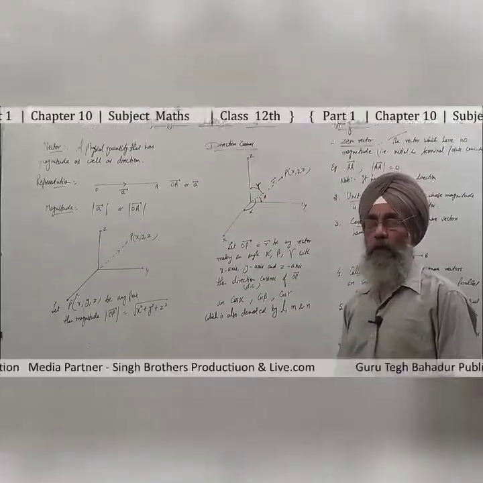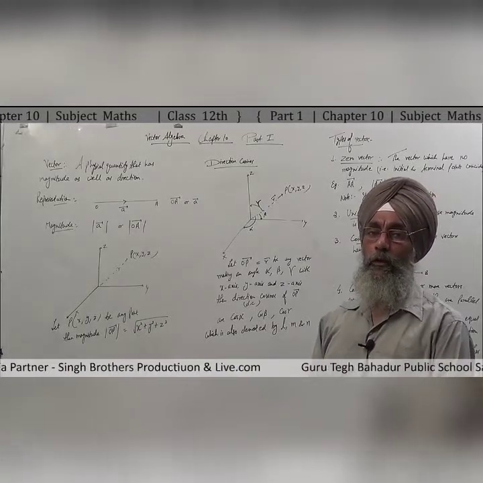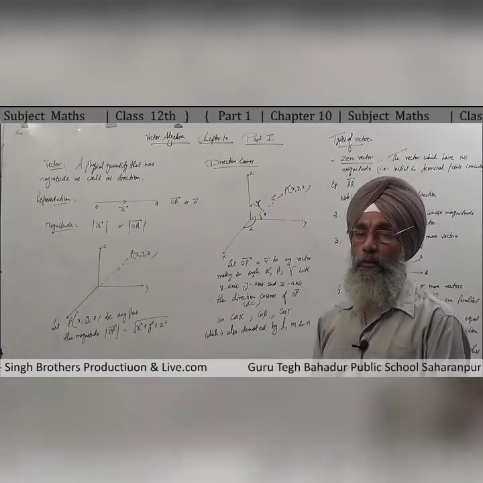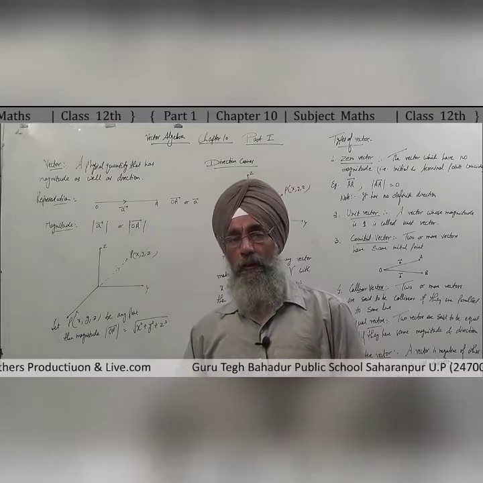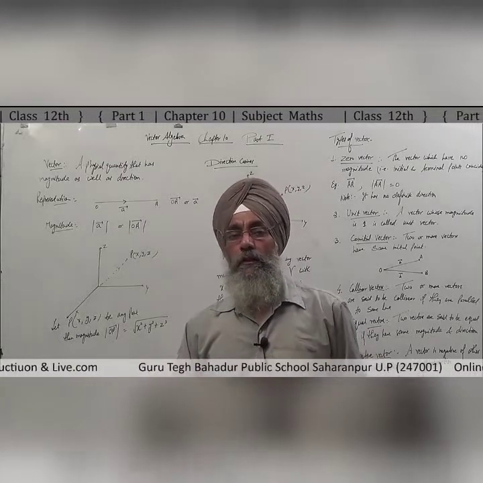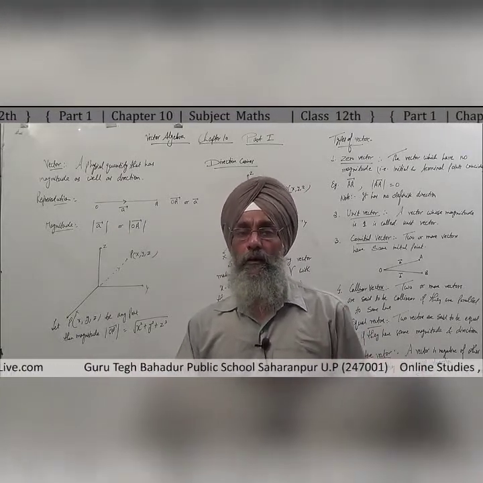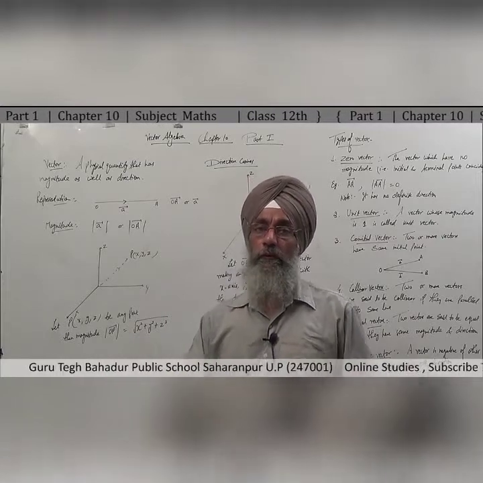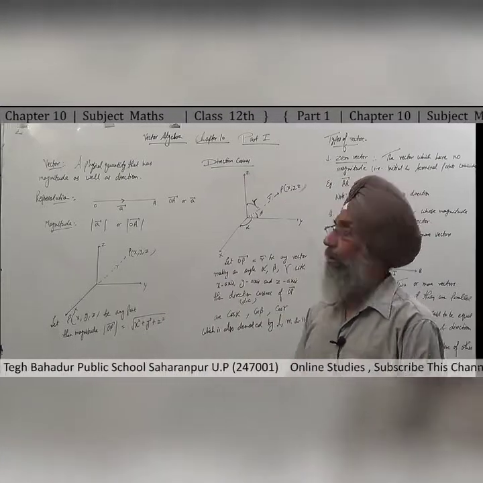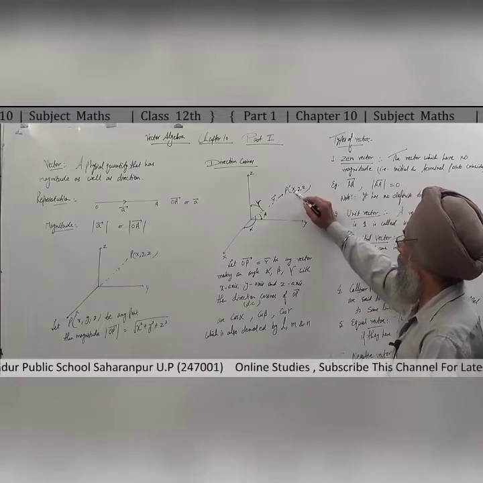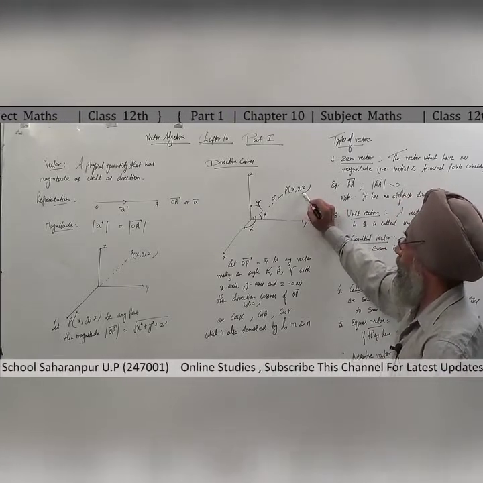Now if we talk about direction cosines, we have read about cosine. Cosine means cos. You have heard and read about it in class 10th, in 11th, and now in 12th. Now cosine has its short form as cos. We have to find the direction cosines of a given point. Let again this be a point P(x, y, z).